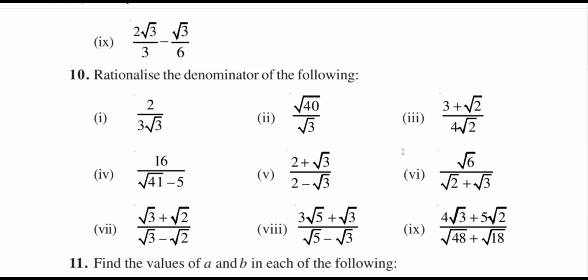So what is the square of root 2? 2. And what is the square of root 3? 3. What you will get? 2 minus 3. If it is 3 minus 2, then it will be 1. If it is 2 minus 3, then it will be minus 1. Okay, got it? Yes.